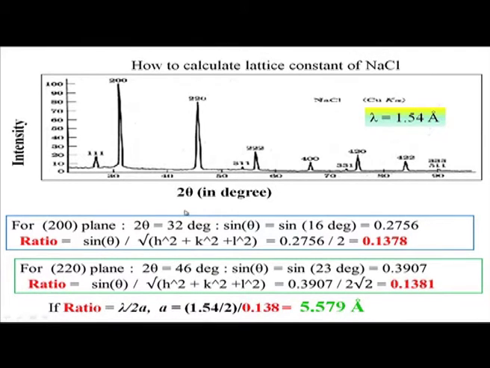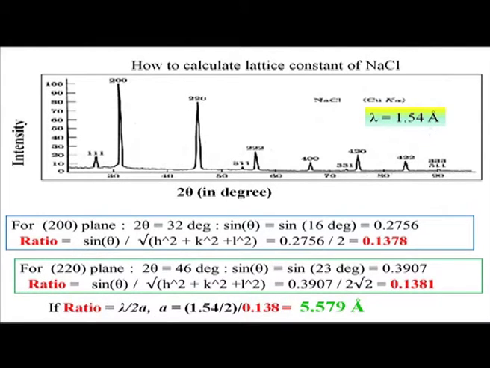If these indices are not given, as I mentioned, then you have to take all sorts of combinations. All sorts of values of H square plus K square plus L square, starting from 1, 2, 3.